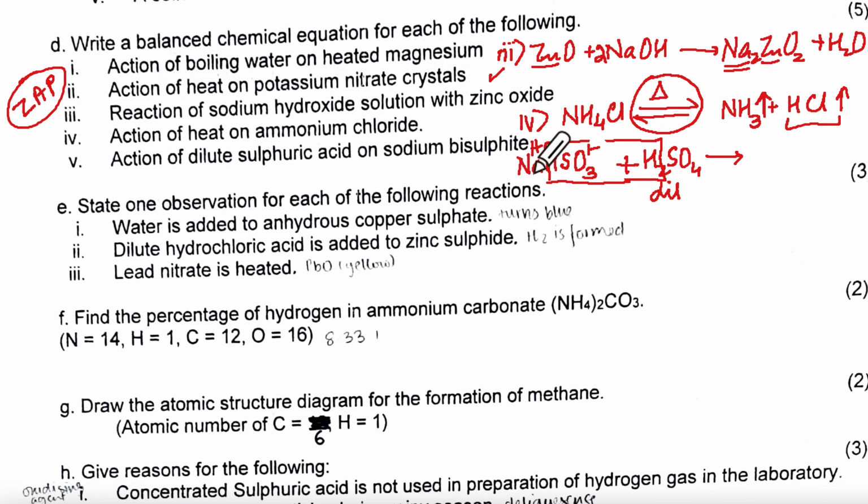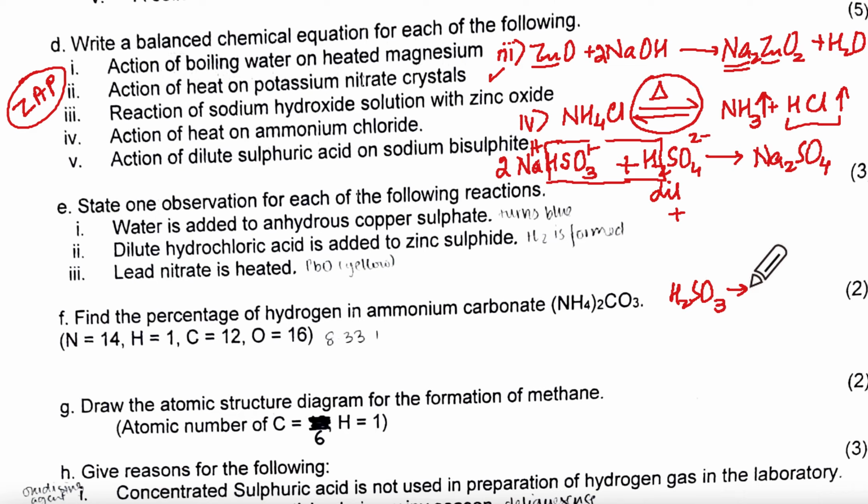Alright, now see, 1 Na and 1 SO4. But Na is 1 plus and SO4 is 2 minus. So crisscross gives you Na2SO4. Correct? So I'll have to write 2 here to balance Na. You're with me? Then, can you see this 1H and 1HSO3 gives you H2SO3.